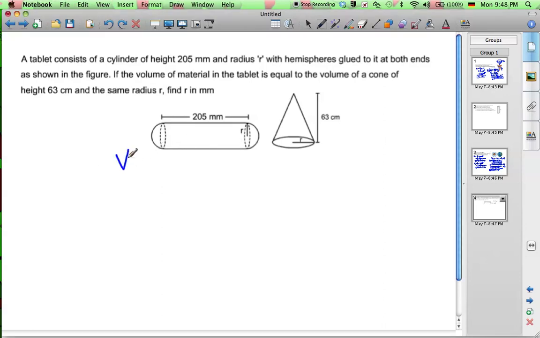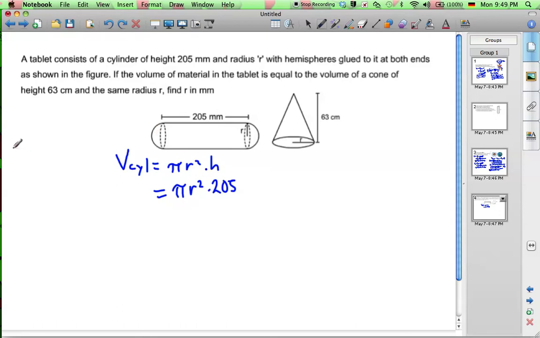So the volume of the cylinder here equals, and the volume of the cylinder is pi times the radius squared times the height. So pi times radius squared times 205. So that's the volume of the cylinder.